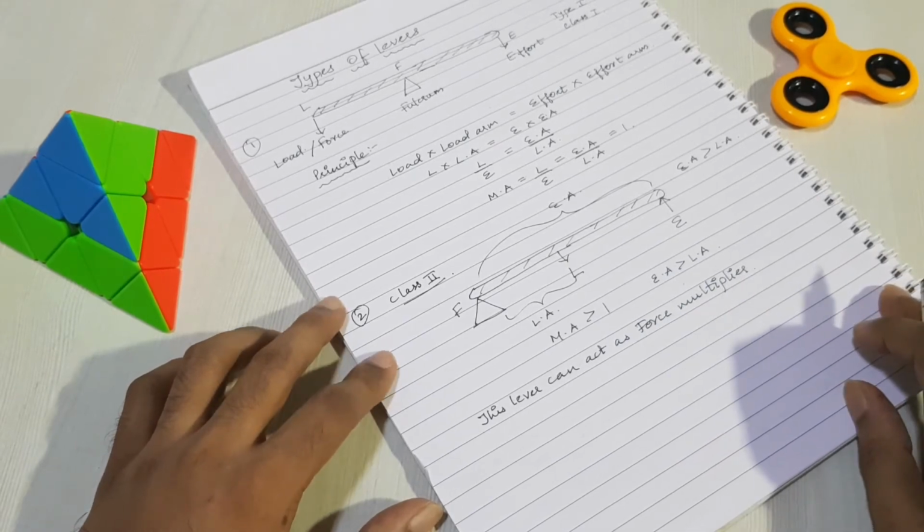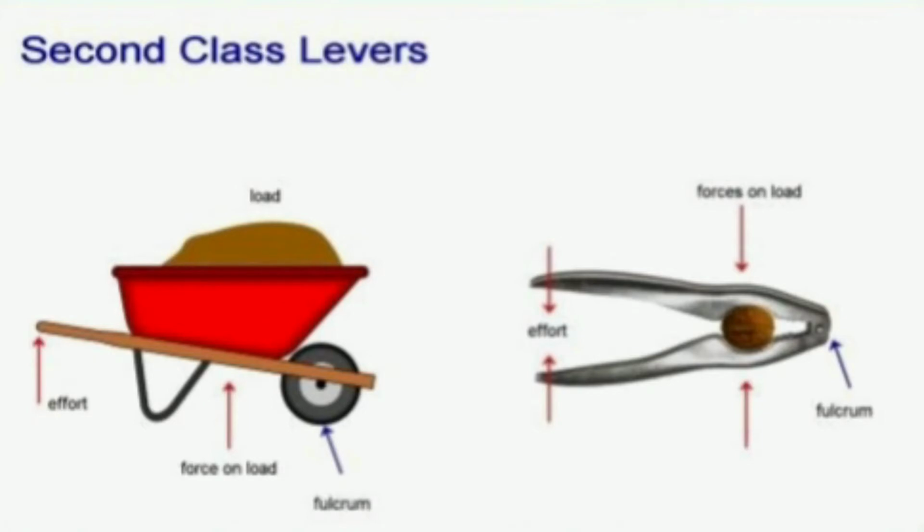I can give certain examples of this kind of lever. Wheelbarrow and nutcracker are examples of class 2 lever.